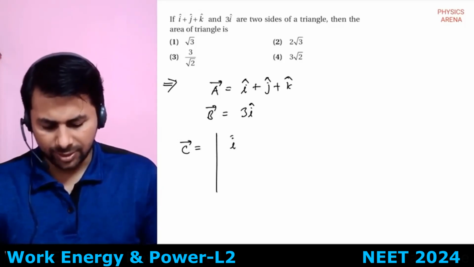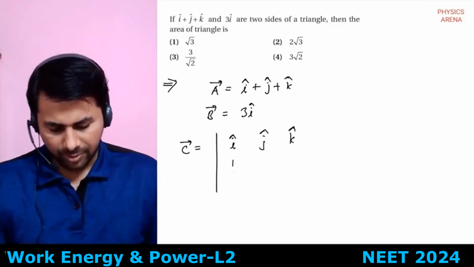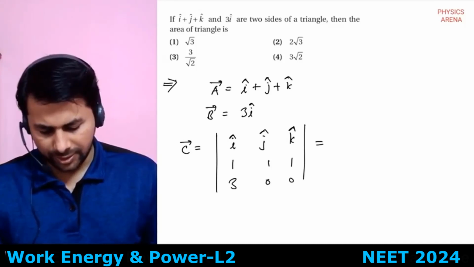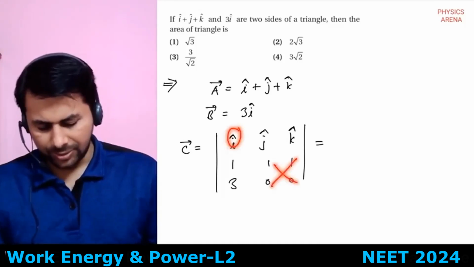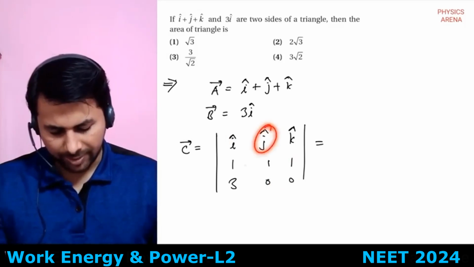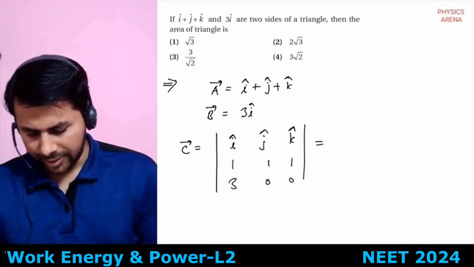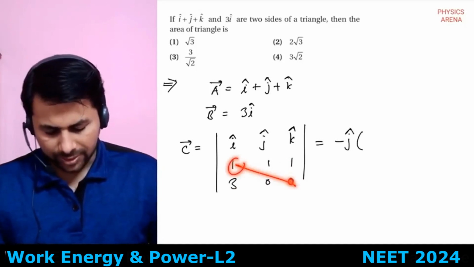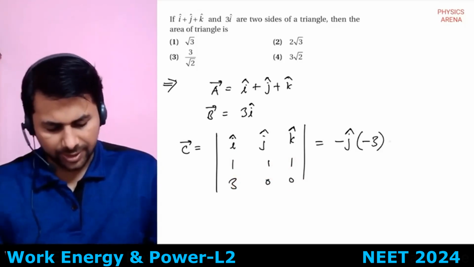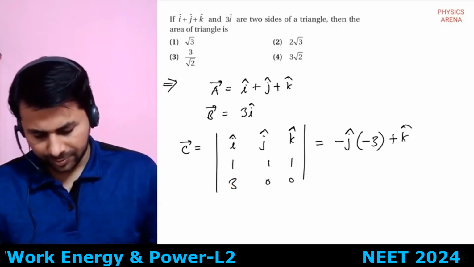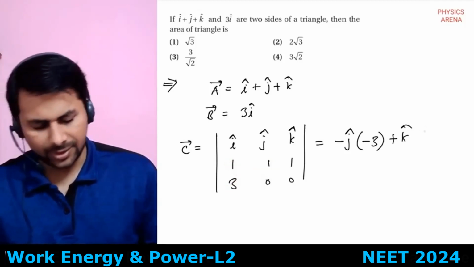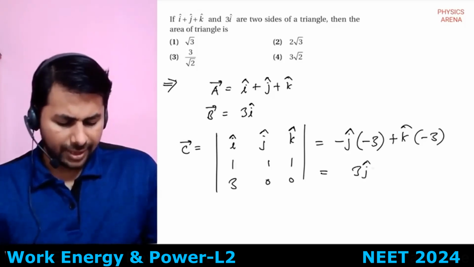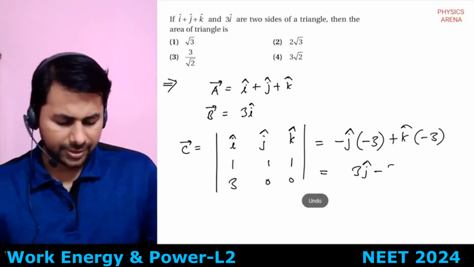C bar is equal to I cap, J cap, K cap, 1, 1, 1, and 3, 0, 0. So this is I cap multiplied by 0, so no I cap. Minus J cap multiplied by 1 into 0, that's 0, minus 3, minus 3, plus K cap multiplied by 1 into 0, minus 3, minus 3. So C bar is equal to minus 3J cap minus 3K cap.